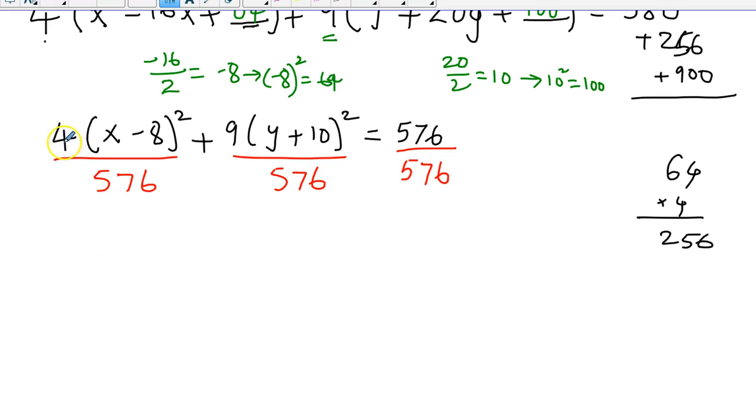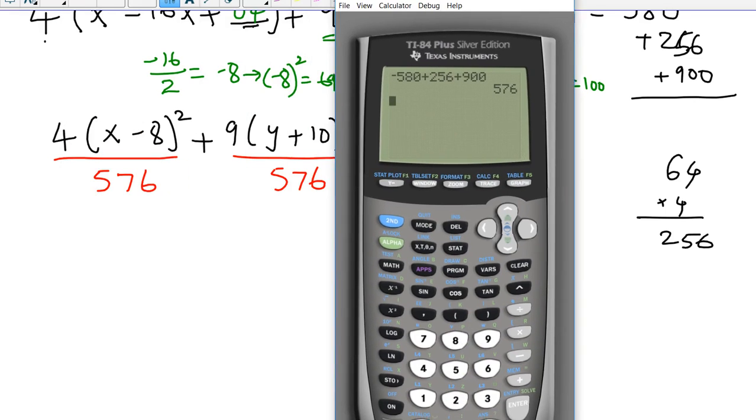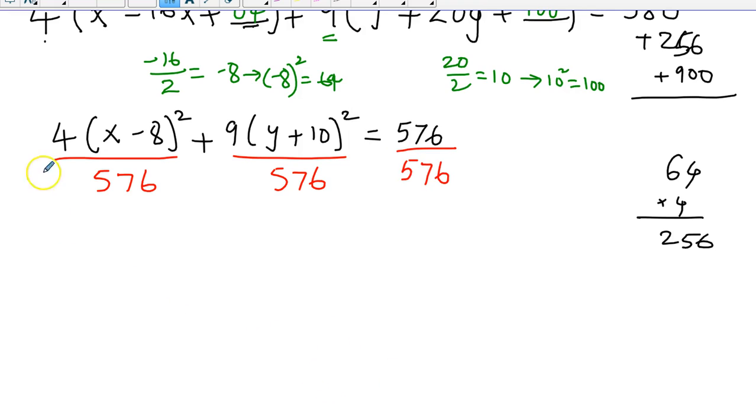Now we know that 4 can divide 576, but how many times? 576 divided by 4 gives you 144. Similarly, 576 divided by 9 is how much? 64. Okay.